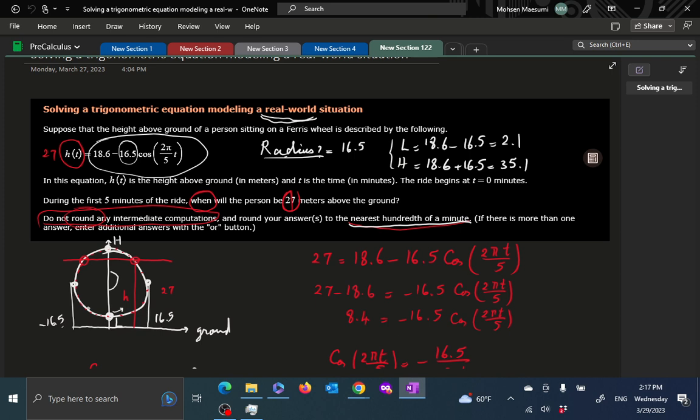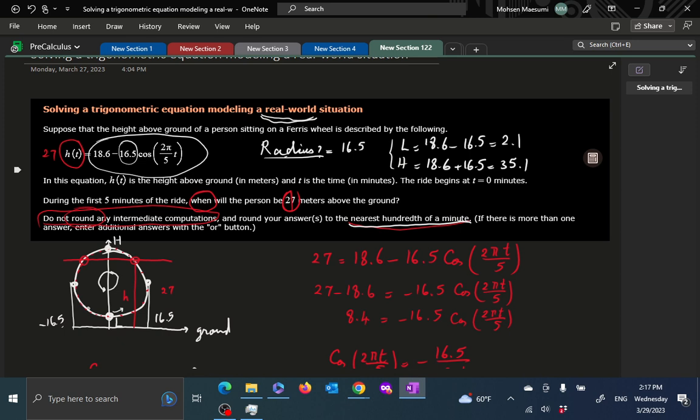Next question is, how long does it take for the ride? Until you come back. So you go all around, come back here. How long has passed? Well, that all depends on what's inside this argument of cosine.